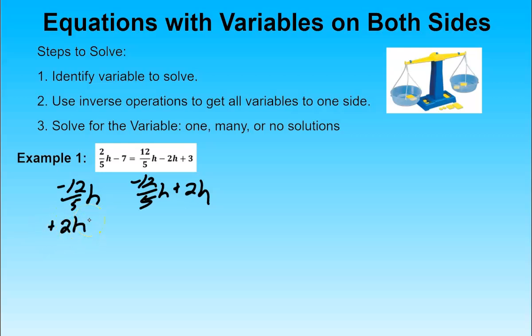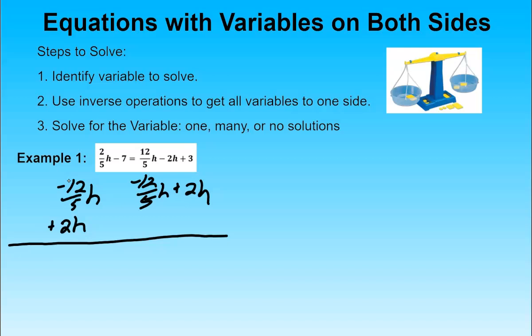Now you could combine them if you wanted to right away and then move them. I'm just going to put them separate because I think it's going to be a little bit easier to simplify it. So I have 2/5 h minus 12/5 h, which will give me a negative 10/5 h.